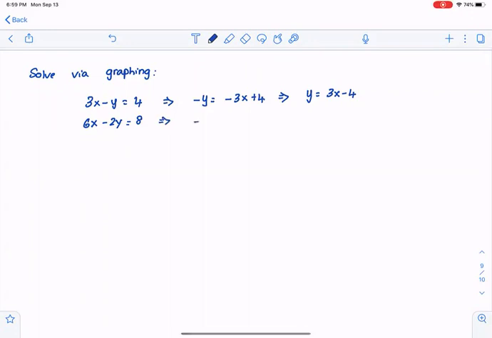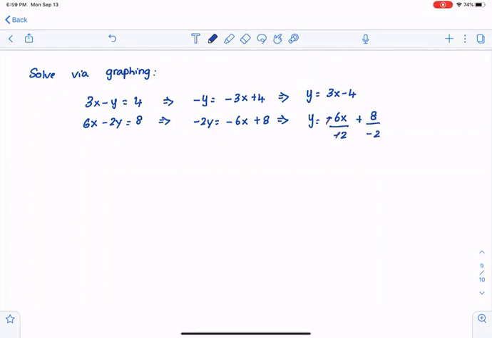Same, minus 2y will be on the left-hand side. I'm going to move the positive 6x to the other side. So I have negative 6x plus 8. And divide by negative 2, y equals minus 6x over minus 2 plus 8 over minus 2.